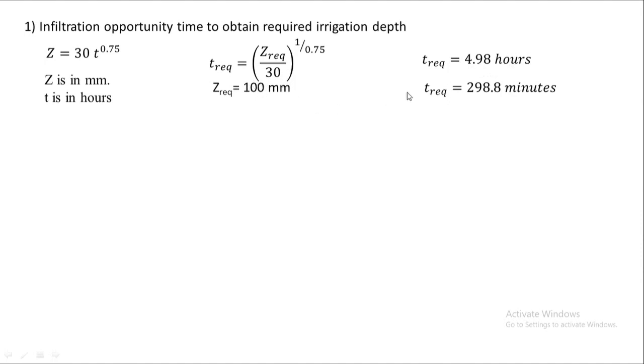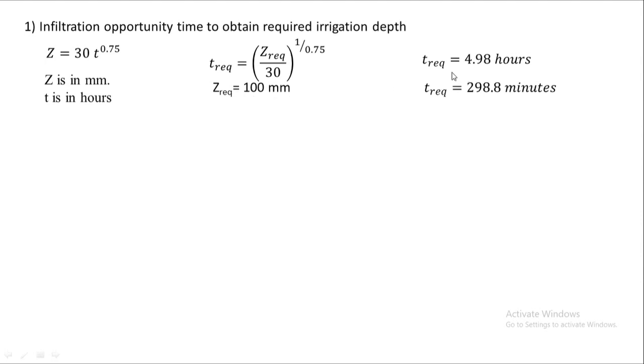If the infiltration opportunity time is 4.98 hours, then the irrigation depth will be 100 millimeters. If the infiltration opportunity time is less than this, then the required depth will not be obtained; it will be less than 100 millimeters.